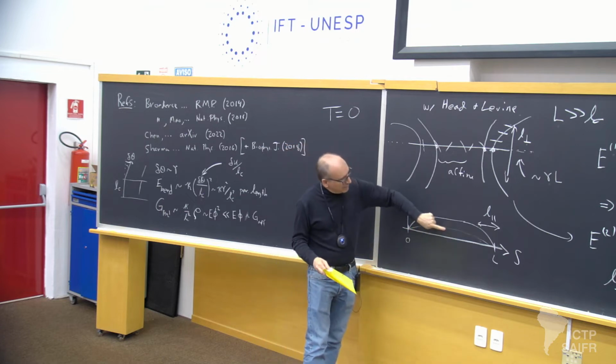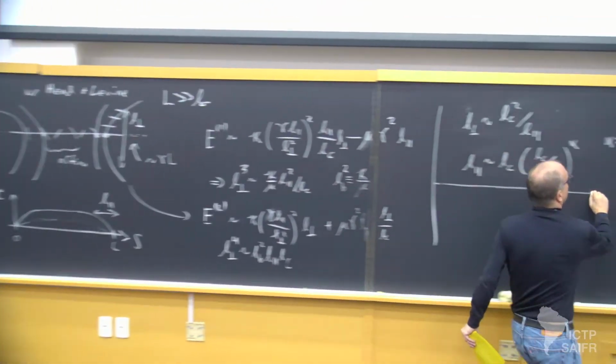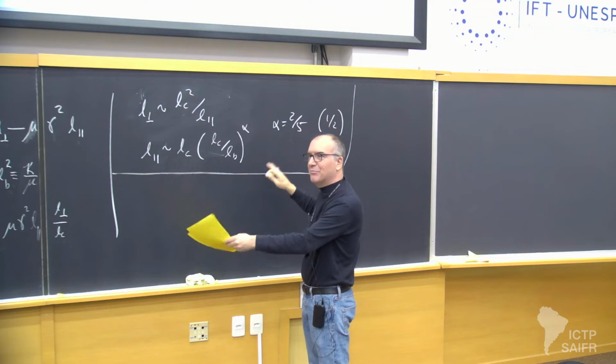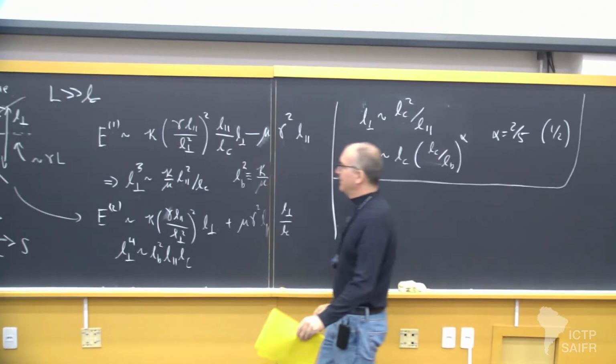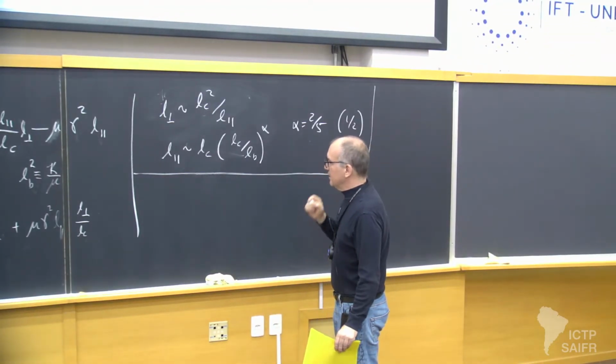So now, look at the implications of this picture, though. Okay, so again, don't take the arguments as exact, take them as sort of physical motivation for that picture. So now, if you accept that picture, then what this says is the following.